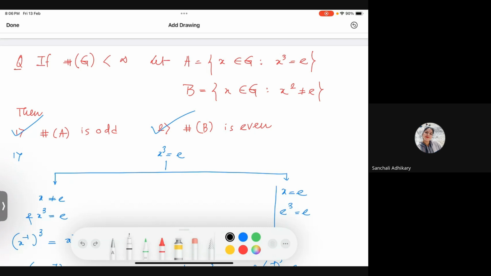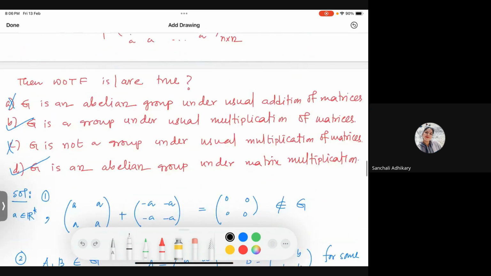Ishika, how many elements are present in the group G? Can you say? Are you there? What is my question?